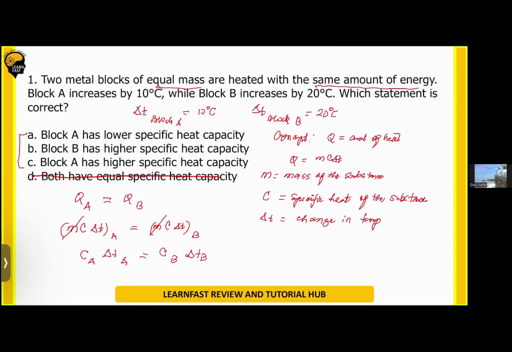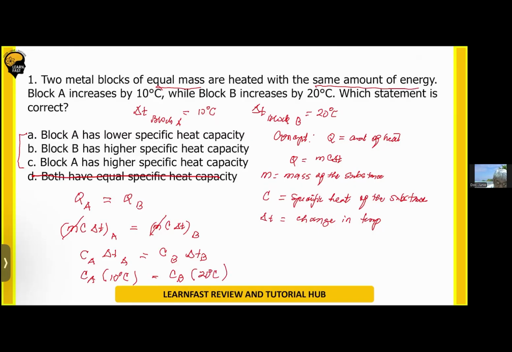Now the specific heat of block A is unknown. The delta T of block A is 10 degrees. And the specific heat of block B is also not known, times the delta T of block B, which is 20 degrees.